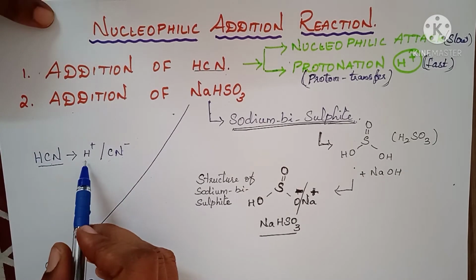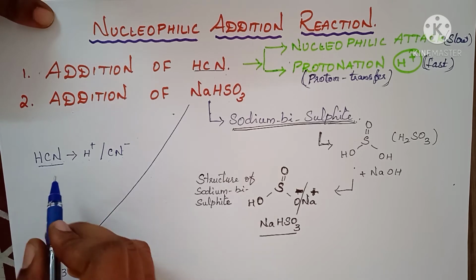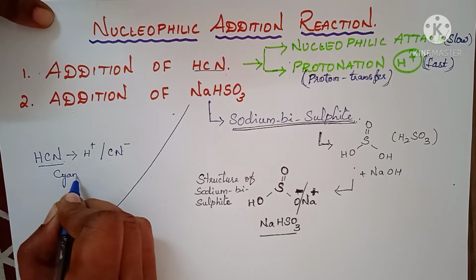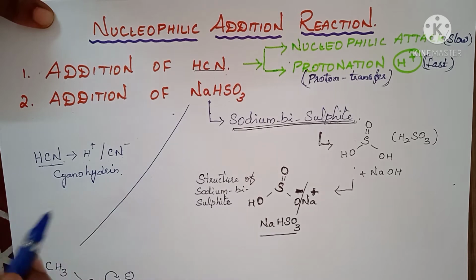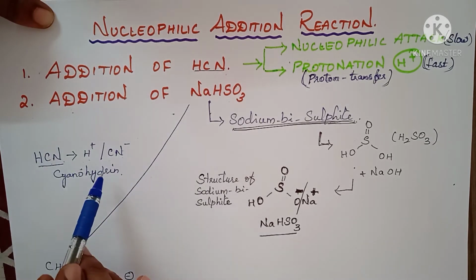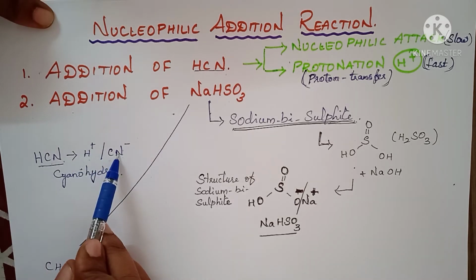So we have to treat this hydrogen cyanide, or cyanohydrin, first with a basic medium. So you will get the ions H plus and CN minus.